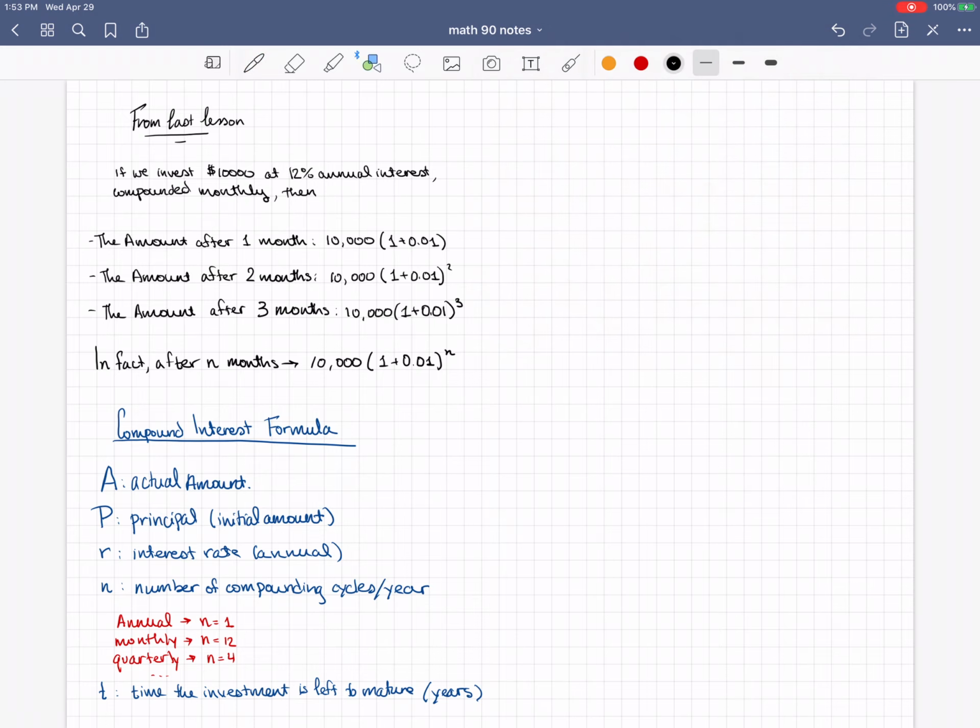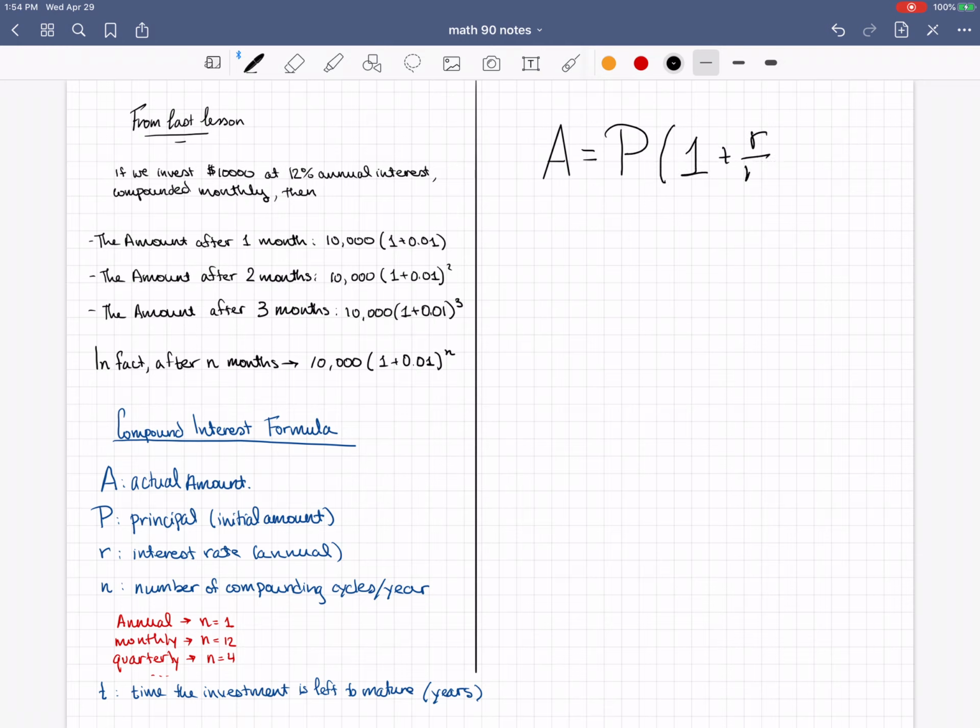So now for the formula. The compound interest formula is A is equal to P times 1 plus R over N to the power nt.